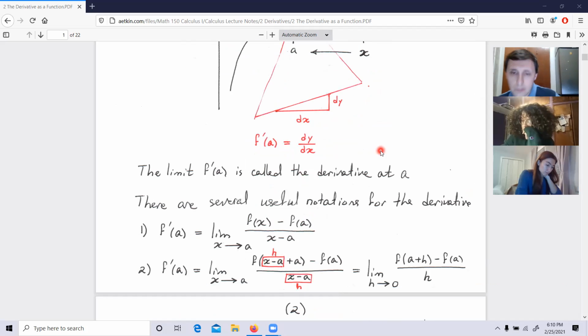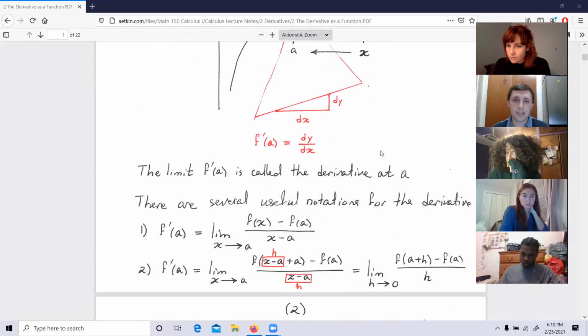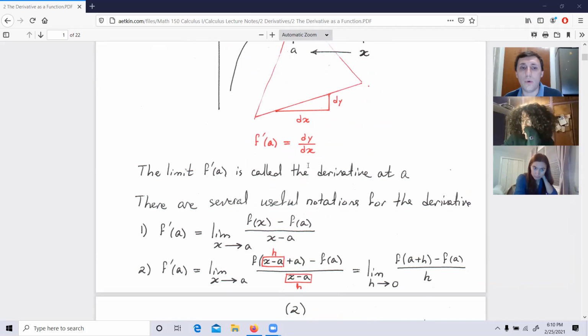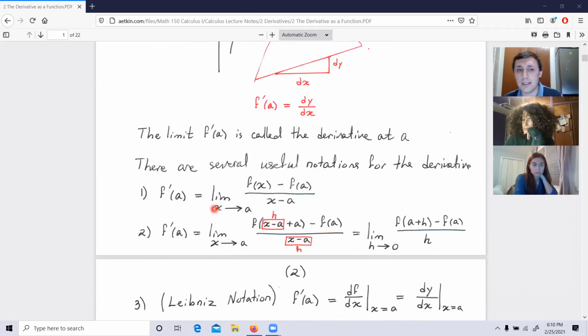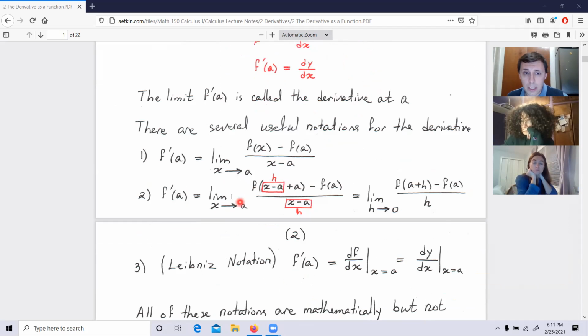Now, we will do right now an exercise, and you will tell me which of those two definitions of the derivative is the best one to use. Okay, so first definition we learned is limit as x goes to a of f of x minus f of a over x minus a. You can also create another definition.